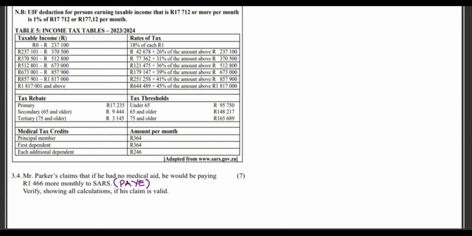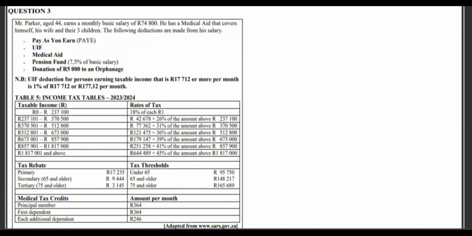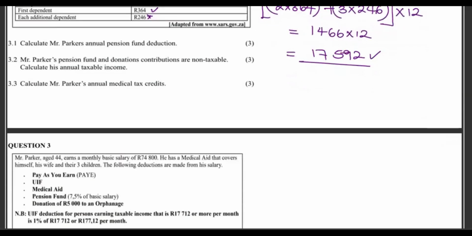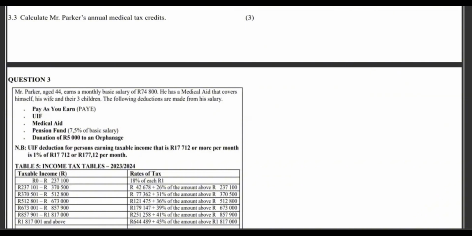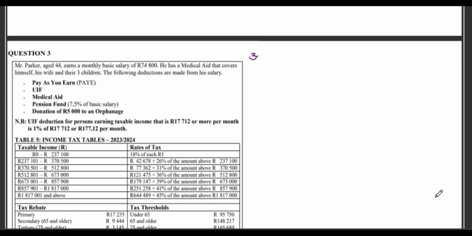So we are going to use the taxable income we had, which was 770,280. This is question number 3.4.